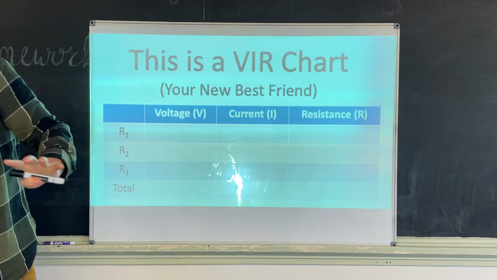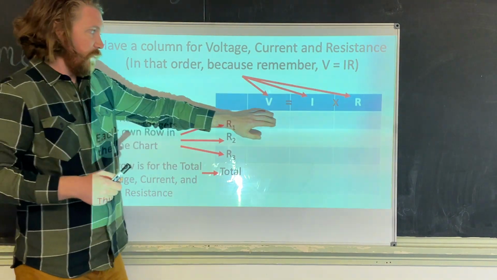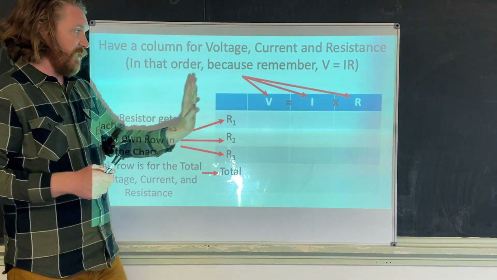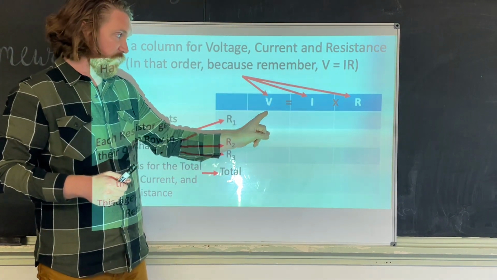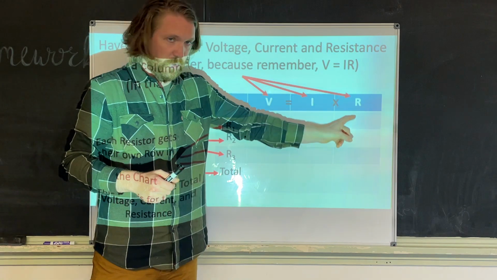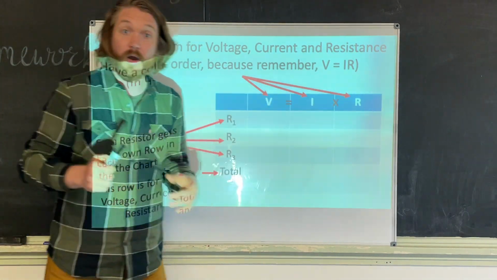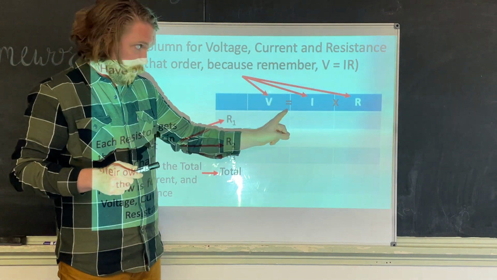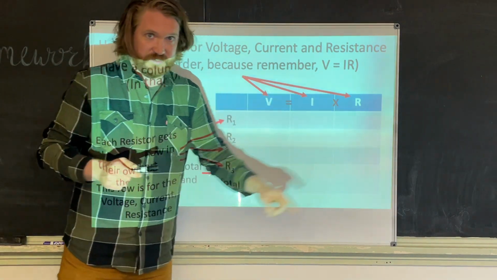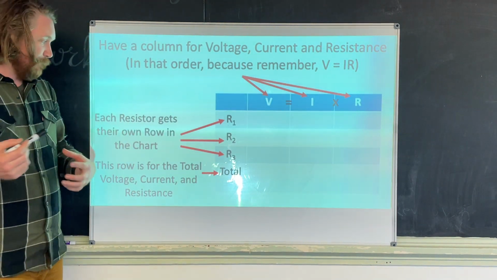So let me break down the chart for you guys. At the top, the first thing you do is you want to have a column for each attribute. So one for voltage, one for current, one for resistance. And you want them in that order, VIR. Why? Because voltage equals current times resistance. And this allows us to do some pretty cool math.